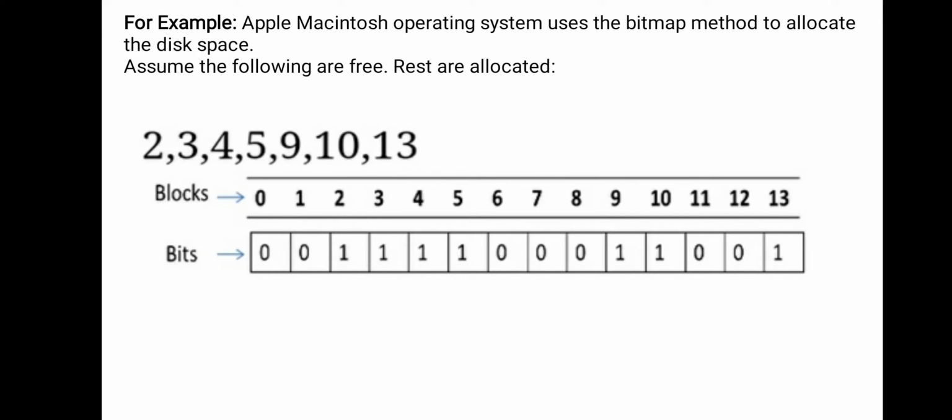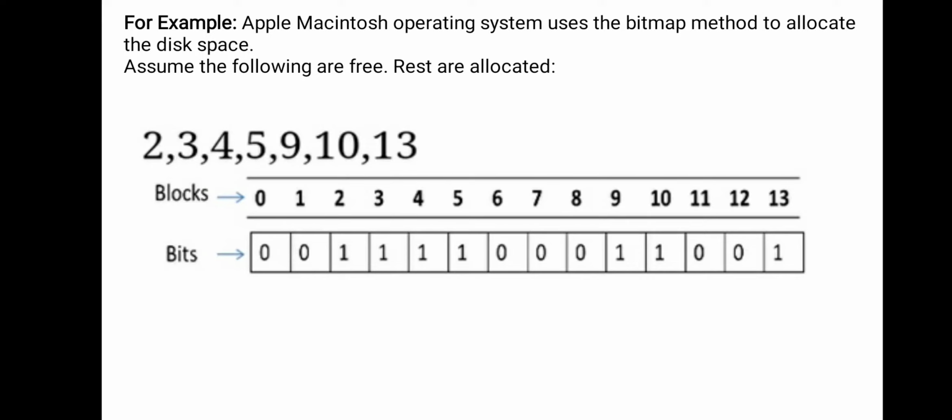We have to use a bitmap technique for available free space, with a bit representing either free or allocated memory. If the bit is 0, that represents the block is allocated, meaning it is not free. 1 is nothing but the block is free. So using this representation: 0, 0, 1, 1, 1, 1, 0, 0, 0, 1, 1, 0, 0, 1.